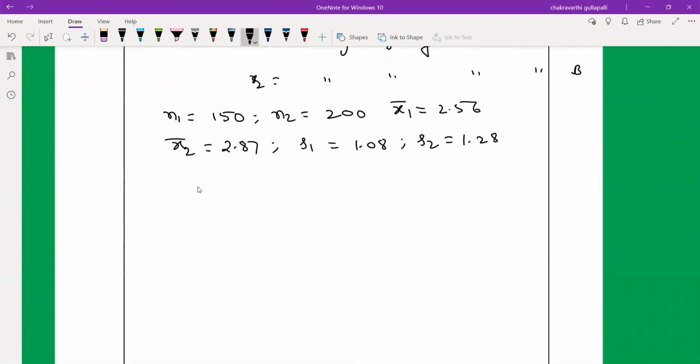Now prepare H0. Mu1 is equal to mu2. There is no significant difference between the two sample means.